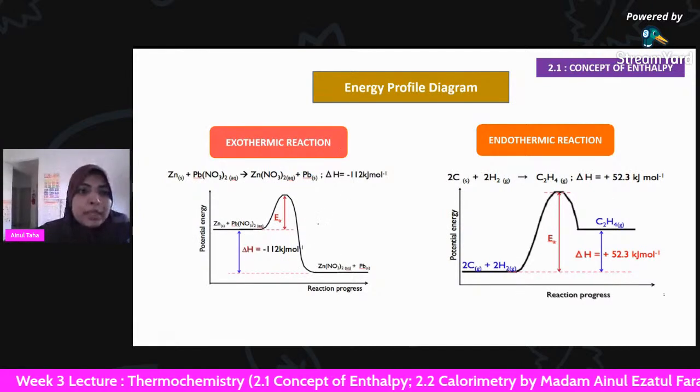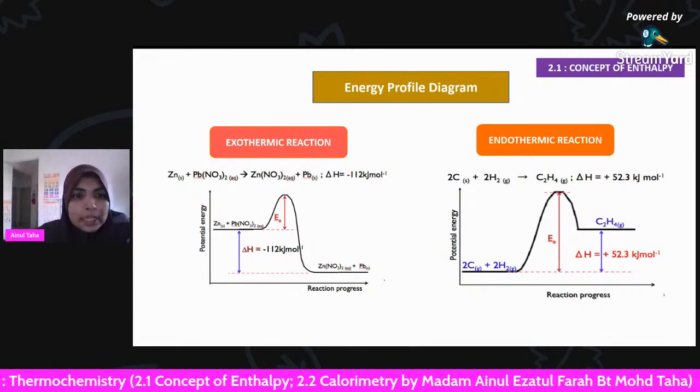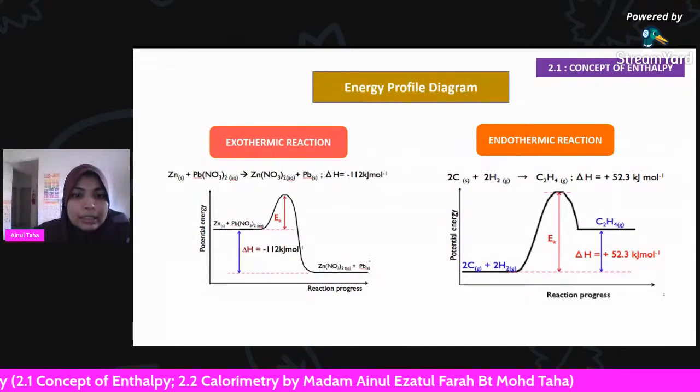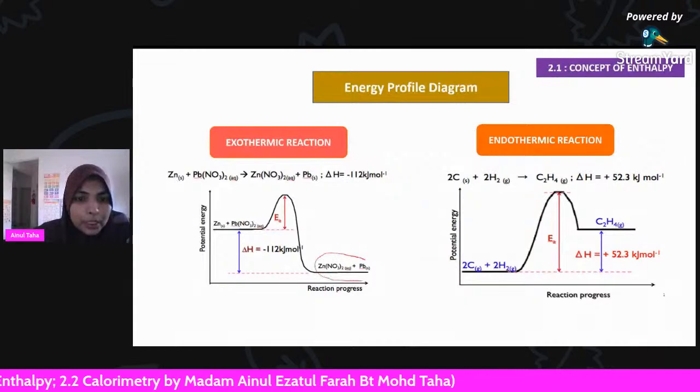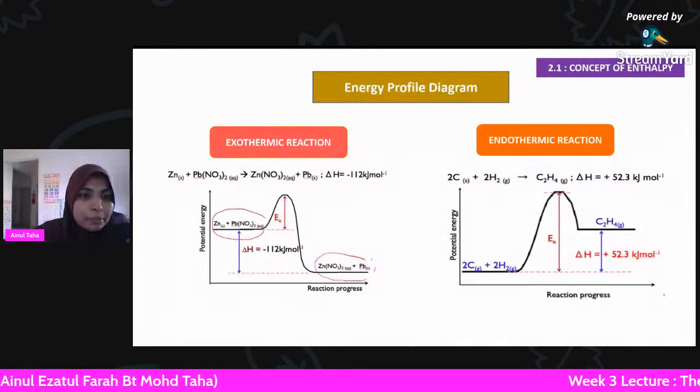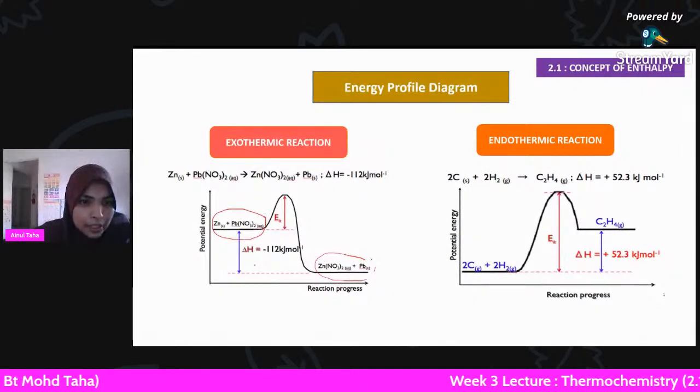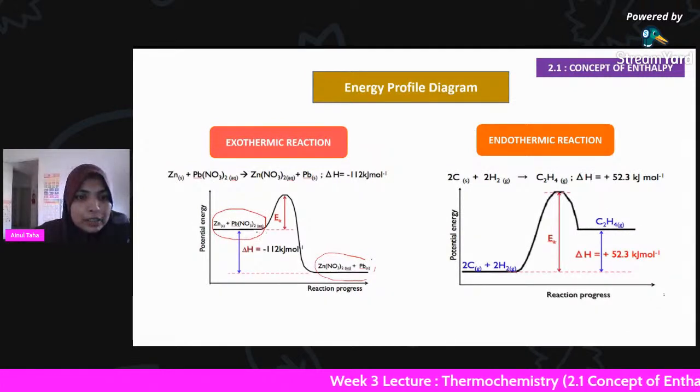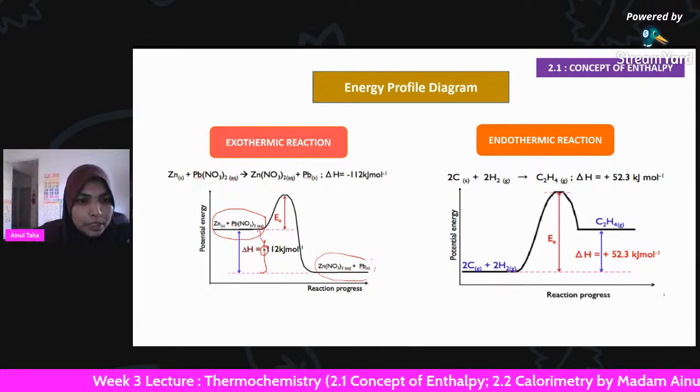As we said, for exothermic, the enthalpy of the product is smaller compared to the enthalpy of the reactant. You can see here this is the delta H, the enthalpy, which is a negative value.